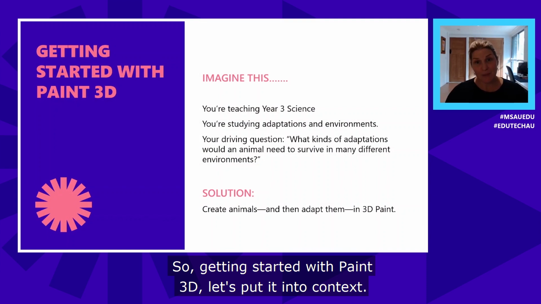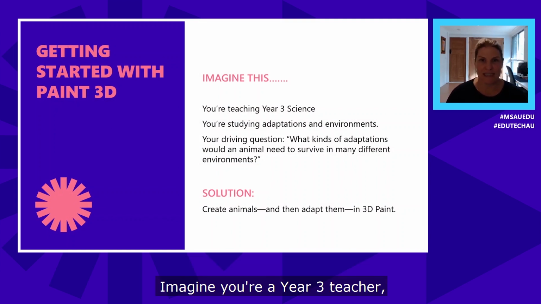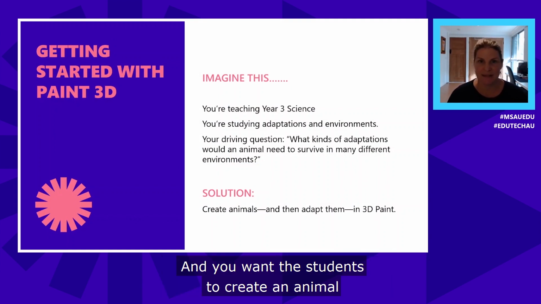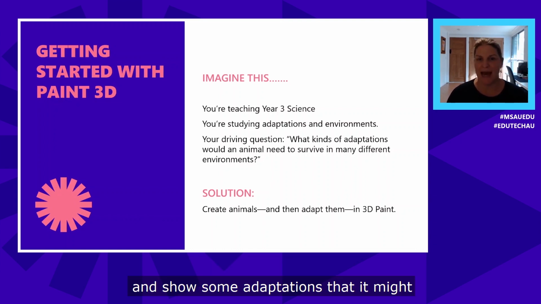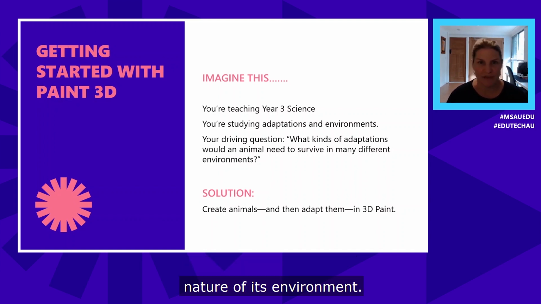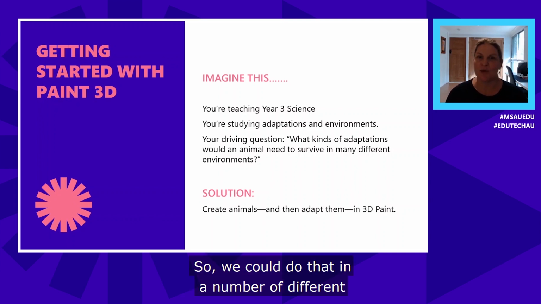So getting started with Paint 3D, let's put it into context. Imagine you're a Year 3 teacher doing a science unit on adaptations and environments, and you want the students to create an animal and show some adaptations that it might need to meet the ever-changing nature of its environment. We could do that in a number of different ways.